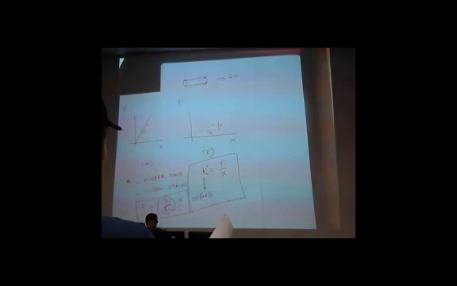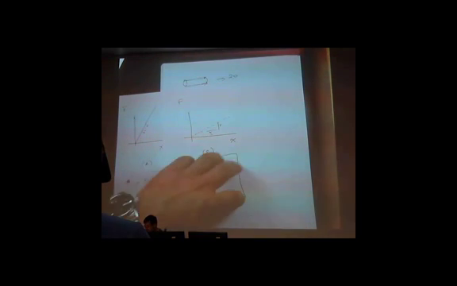Which essentially describes how hard or easy it is to stretch or to respond an object. Apologies, I didn't make this comment then, just that this is the formal definition.